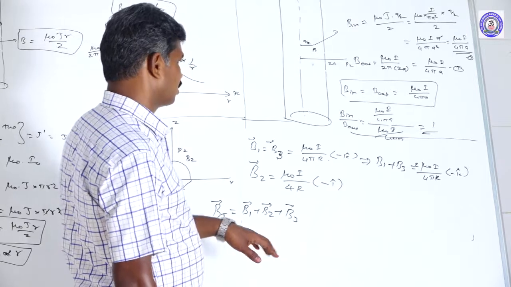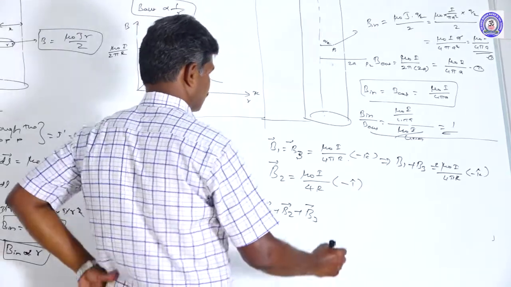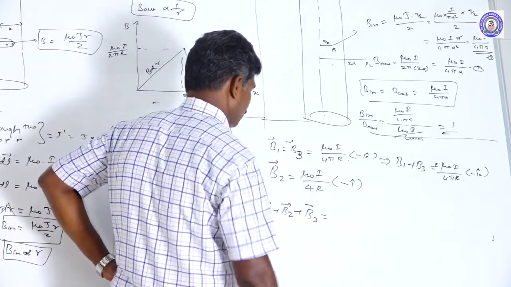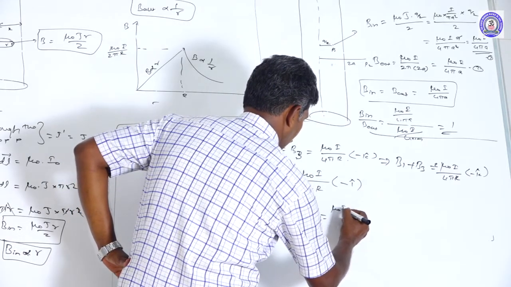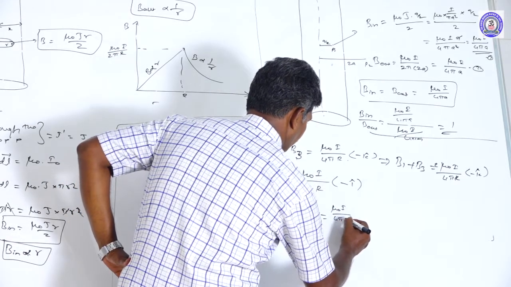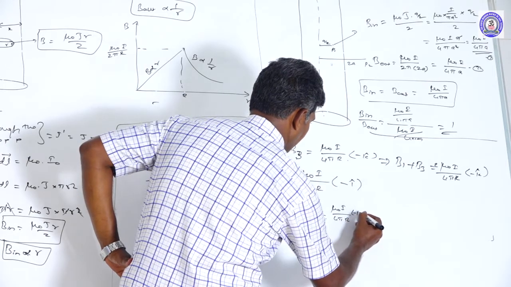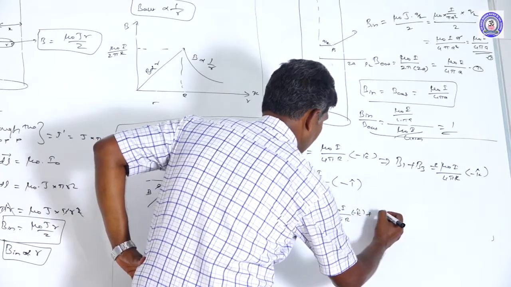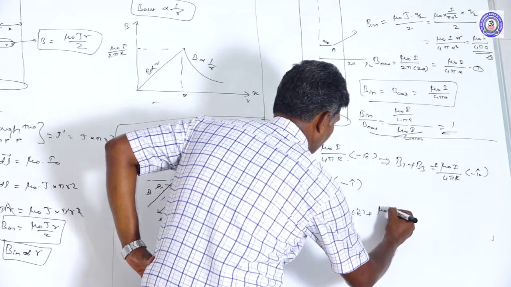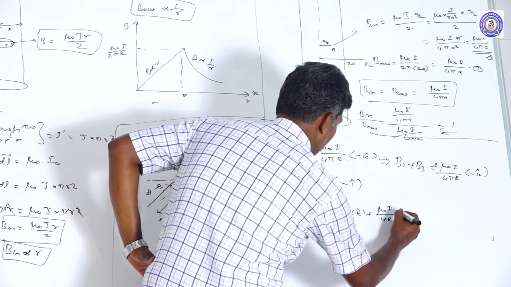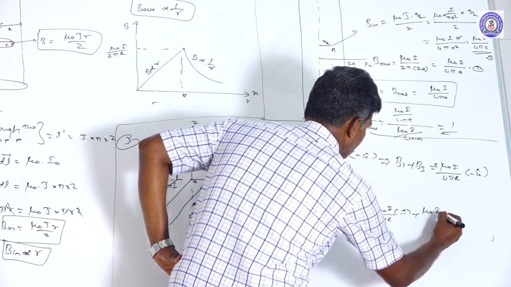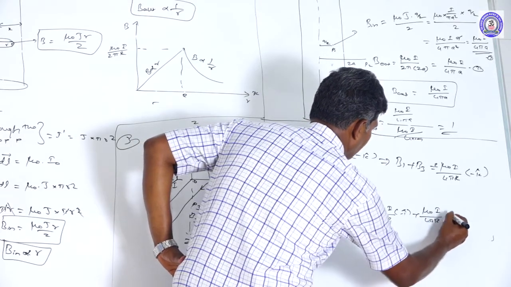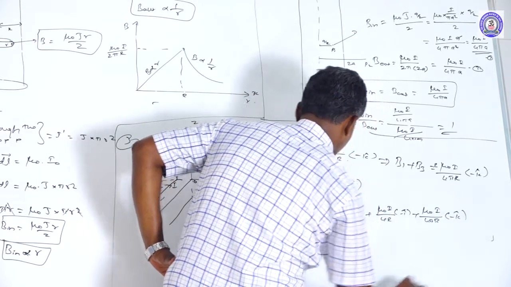So we take the common factor out. First of all, we substitute: B1 is mu naught I by 4 pi r of minus k cap, plus B2 value mu naught I by 4r of minus i cap, plus mu naught I by 4 pi r of minus k cap.